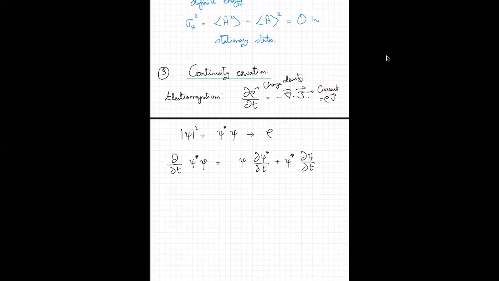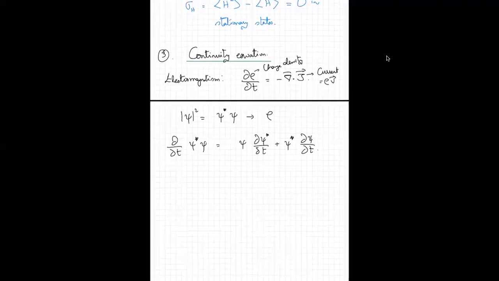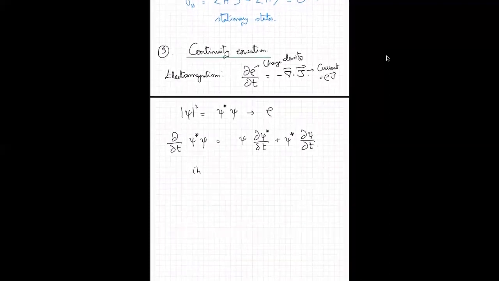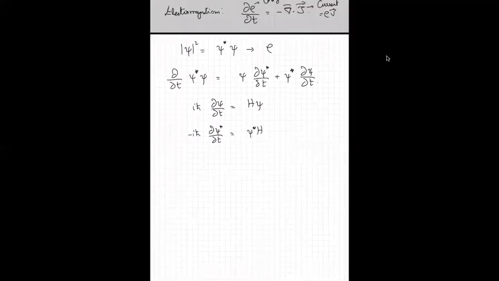Okay, but both psi and psi star obey the Schrodinger equation, so I can write down what d psi star and d psi are. i h bar d psi/dt is H psi, and assuming that I'm writing everything in the position representation, x basis, minus i h bar d psi star/dt is psi star H, or H psi star, depending on however you want to write it.